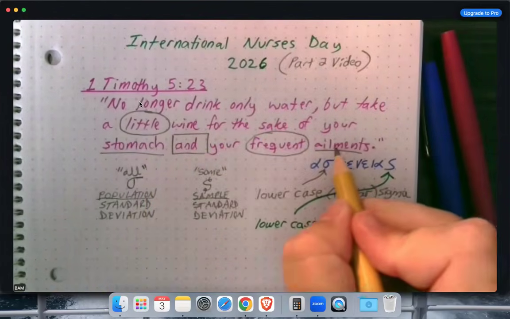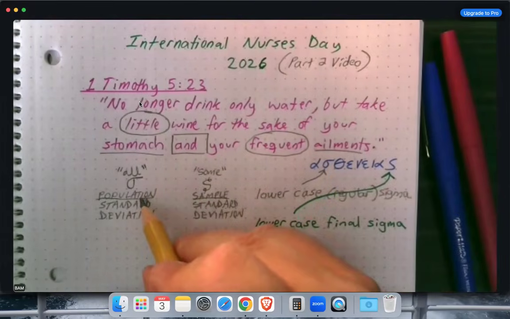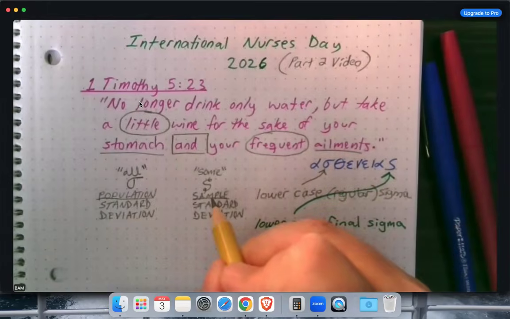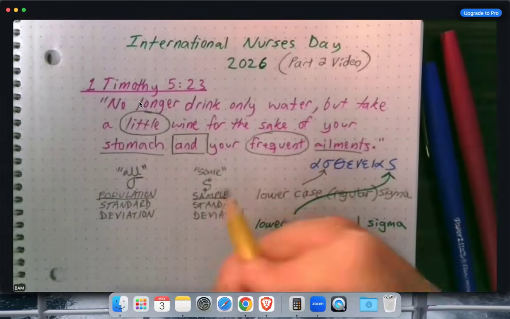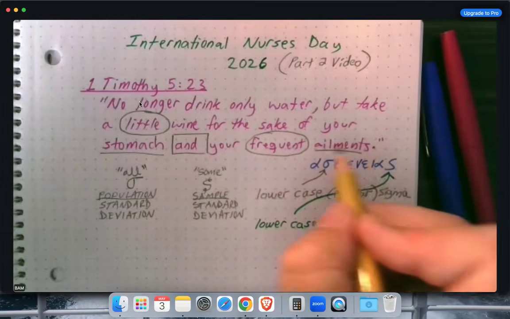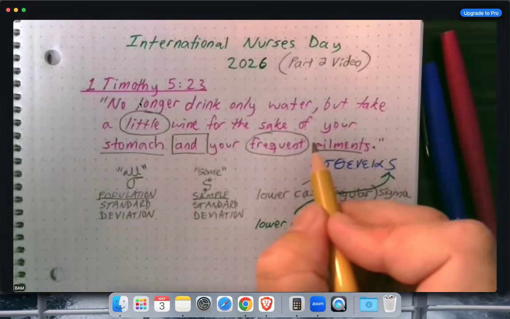So all of his frequent ailments is the population. If you get a sample of some of them, that's called a sample. And the sample could be either which ailments he had, or what days they were, or something else.